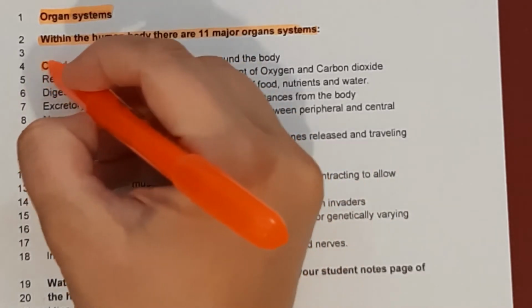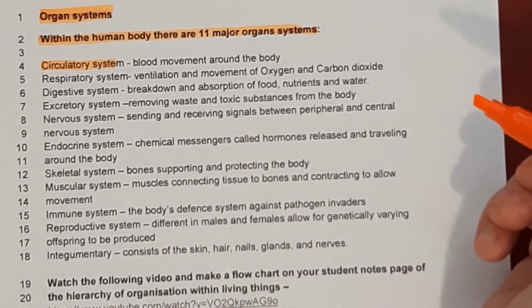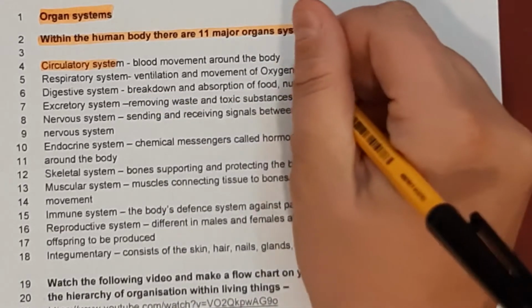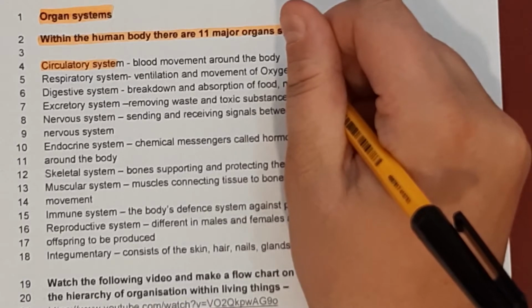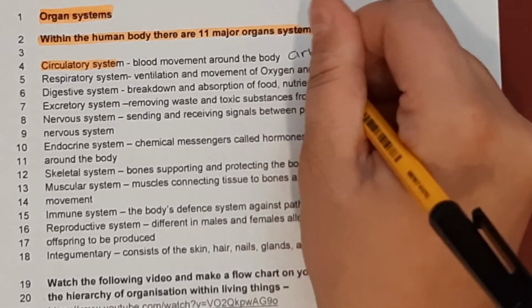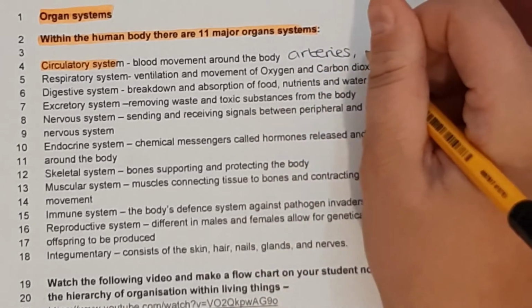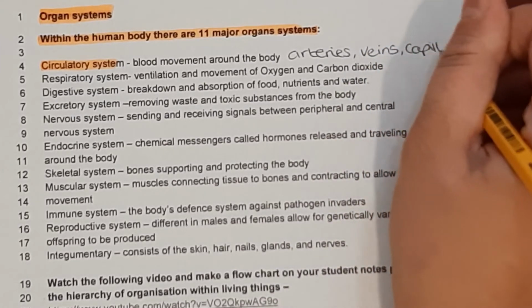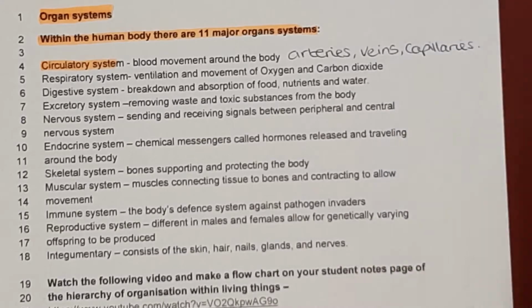So, circulatory system, it moves blood around the body. It includes the blood vessels, so that is arteries, veins, and capillaries. And the circulatory system would also include the heart.